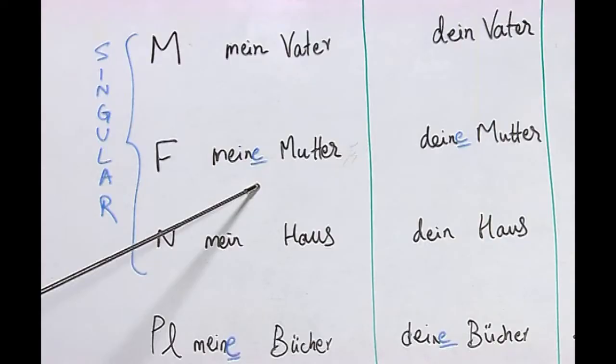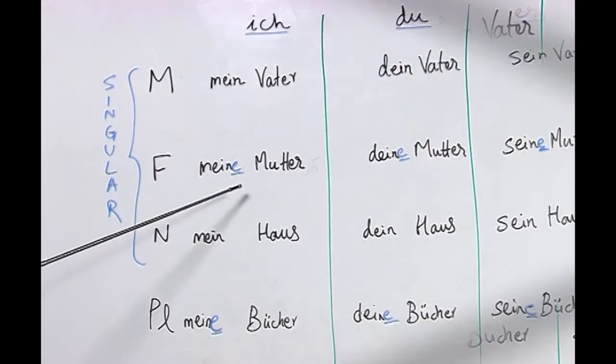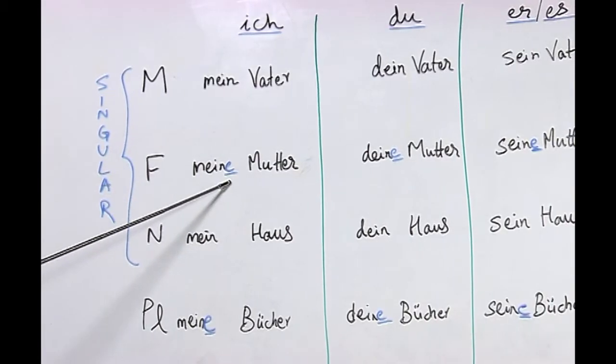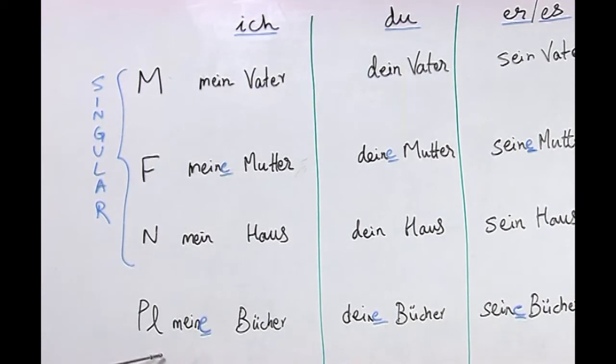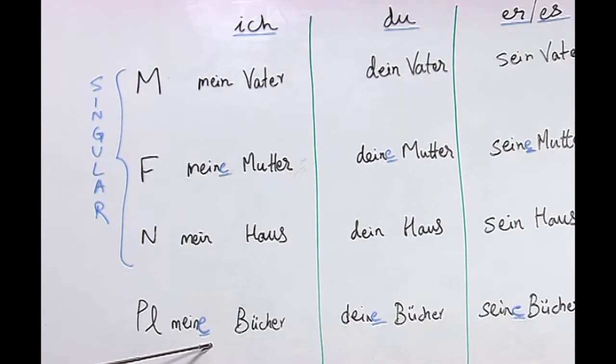Well, if you look closely here in this category, I have written E or A as we call for feminine and for plural, which shows that whenever a possessive article is made for feminine and for plural in nominative, we have to use the ending E. So, for feminine we have meine Mutter and for plural we have meine Bücher.